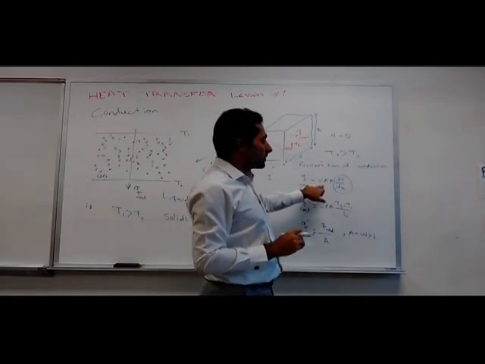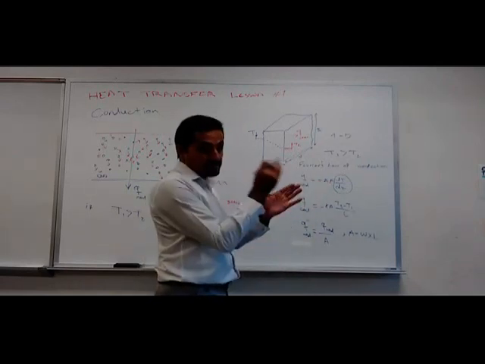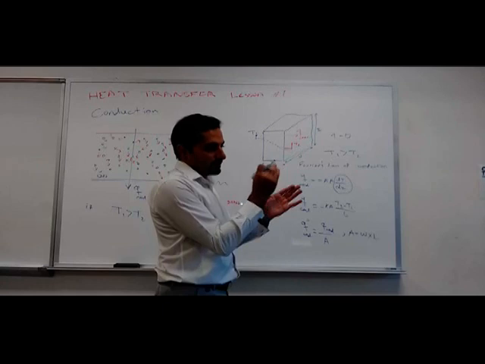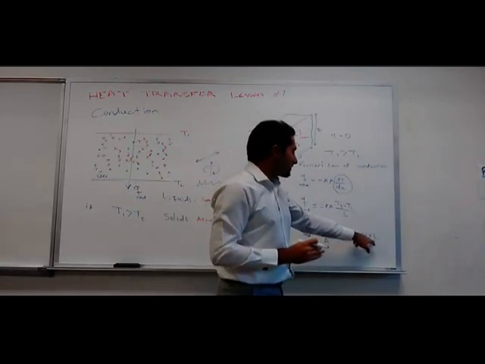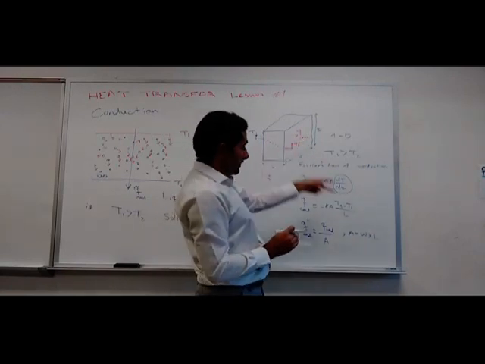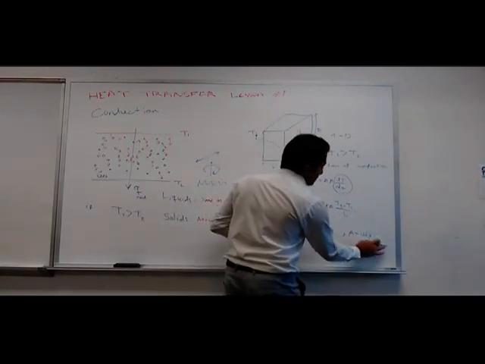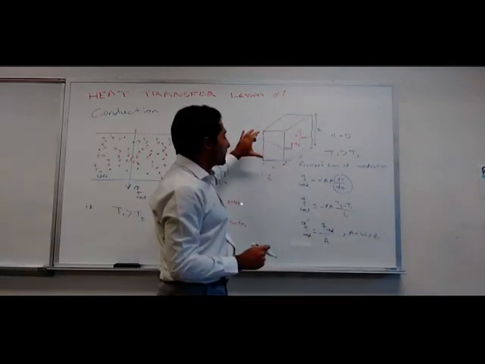K is thermal conductivity, and A is the cross-sectional area of heat conduction, calculated through W, the width, times Z, the height of the wall.